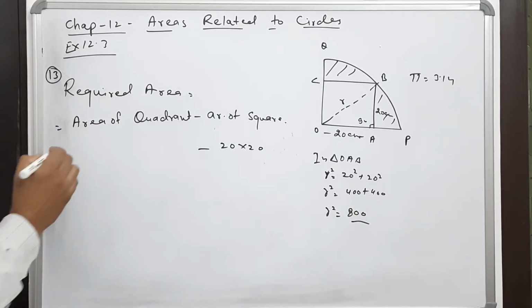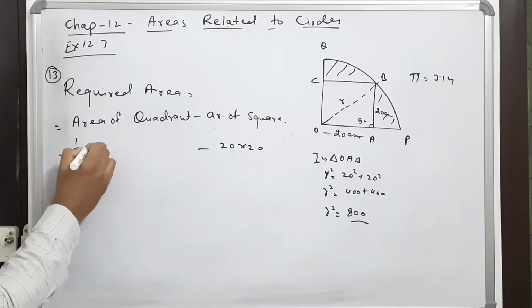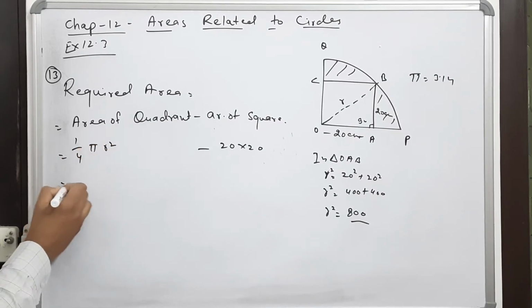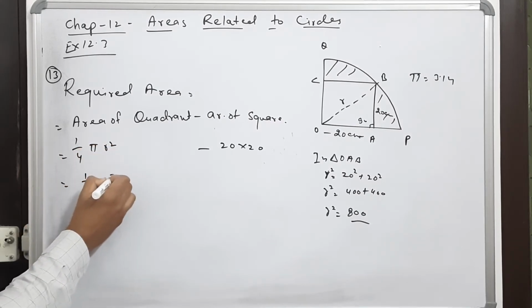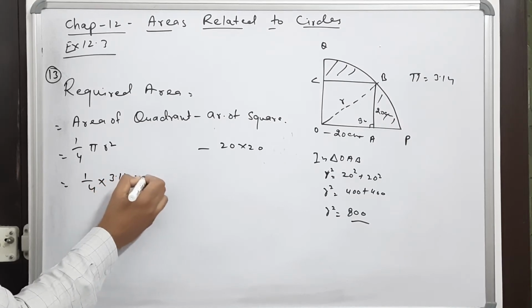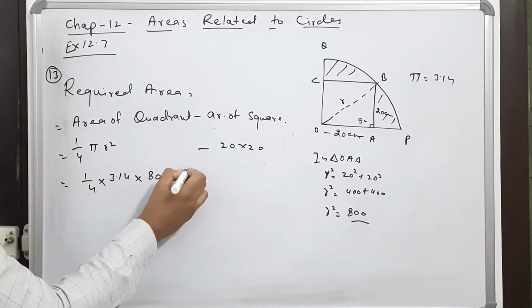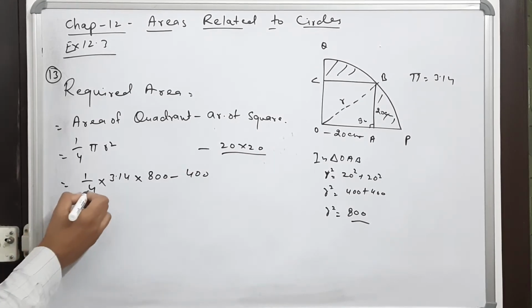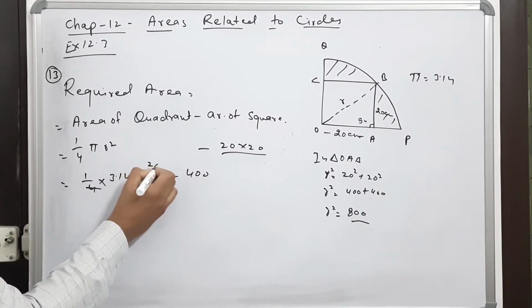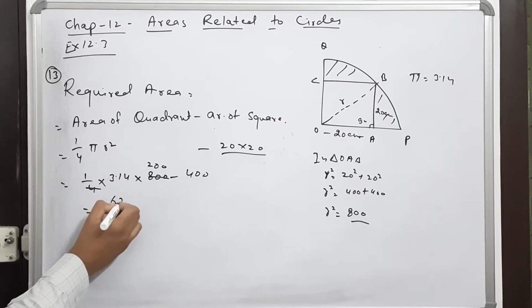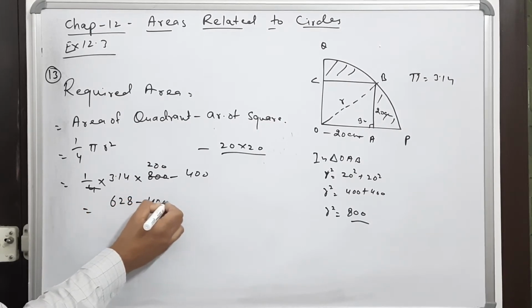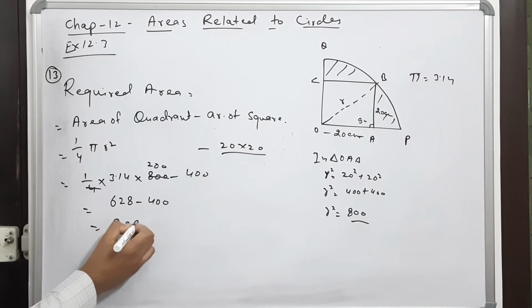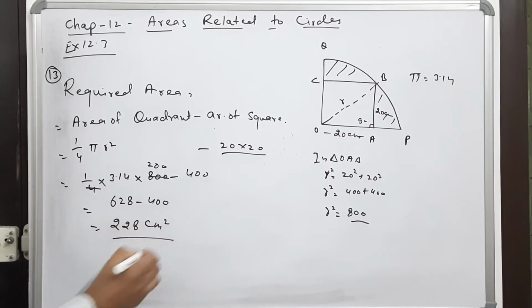So now the area of quadrant is what? 1 upon 4 pi r square. So it is 1 upon 4, 3.14 into, directly you write 800 minus 400. This 400. Here if you multiply, we cancel, then it is 200. So 628 minus 400. So answer is 228 centimeter square.